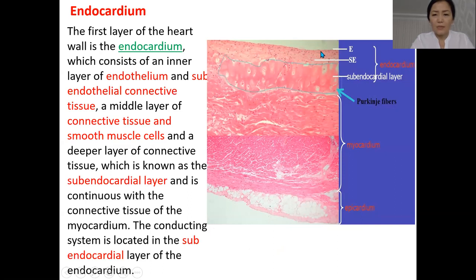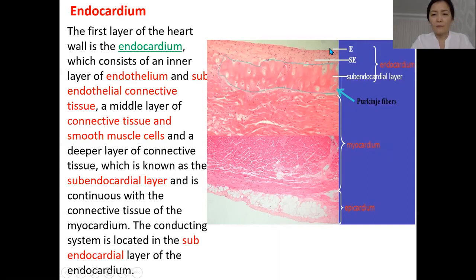Endocardium, just the name, but morphologically it consists of endothelium, this one, and the subendothelial connective tissue, this part. Connective tissue and smooth muscle cells are also present here.